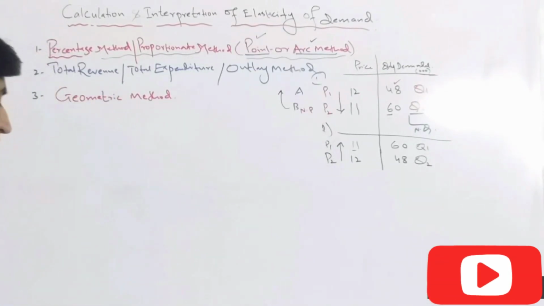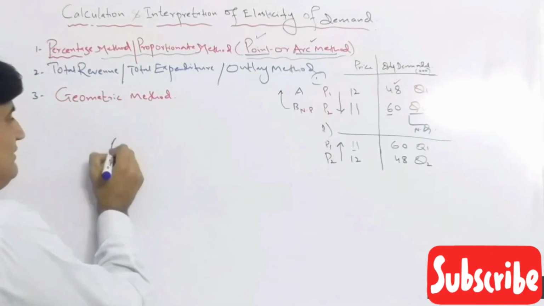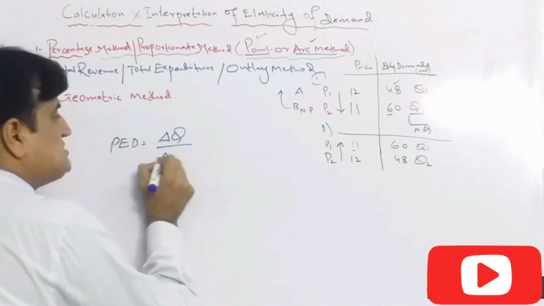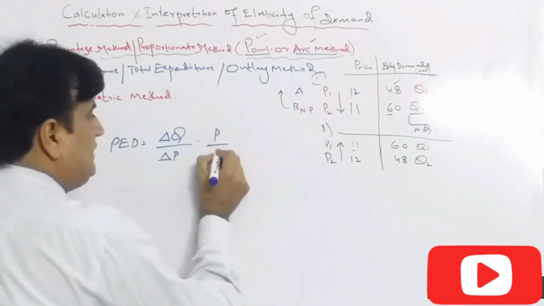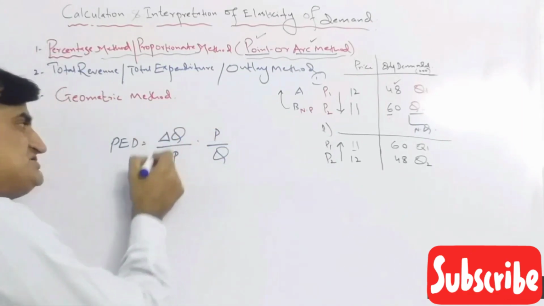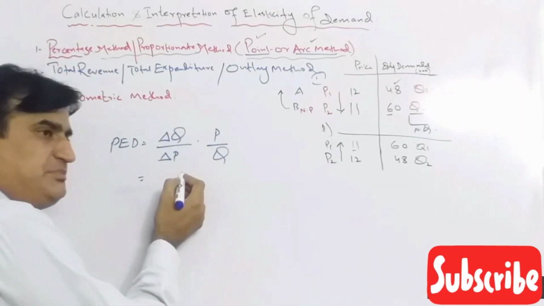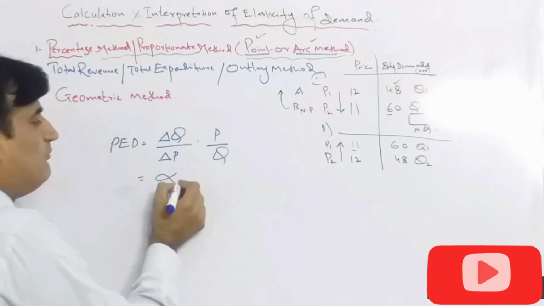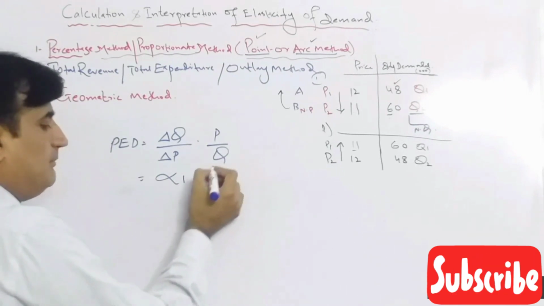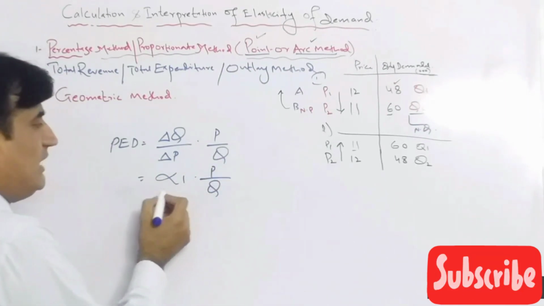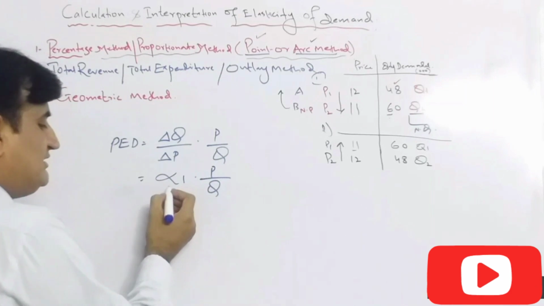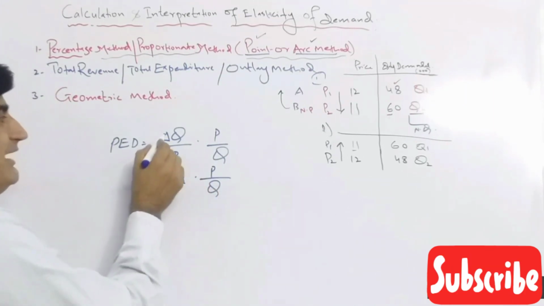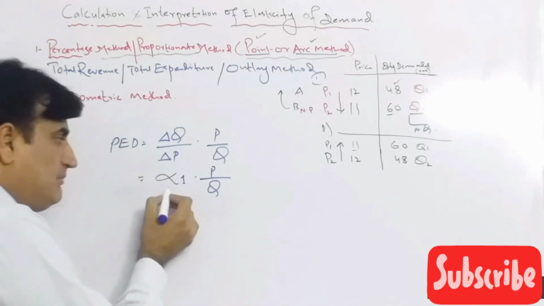Now the new thing we will learn here, as we know that the price elasticity of demand is equal to change in Q over change in P multiplied by P over Q. The change in Q over change in P is always negative, and it can be given as alpha 1 multiplied by P over Q. So the alpha 1 is the estimated coefficient of P. Sometimes the alpha 1 can be represented as change in Q over change in P. Remember it.